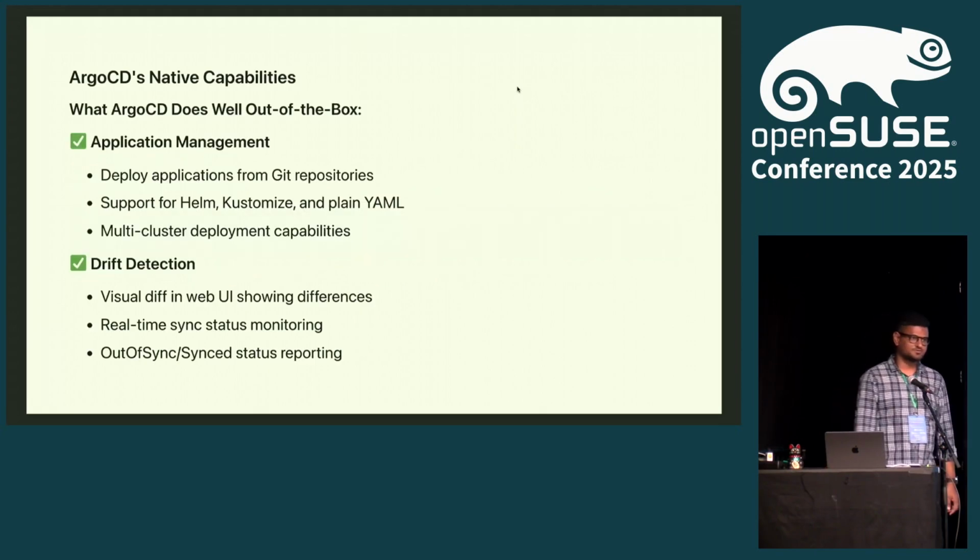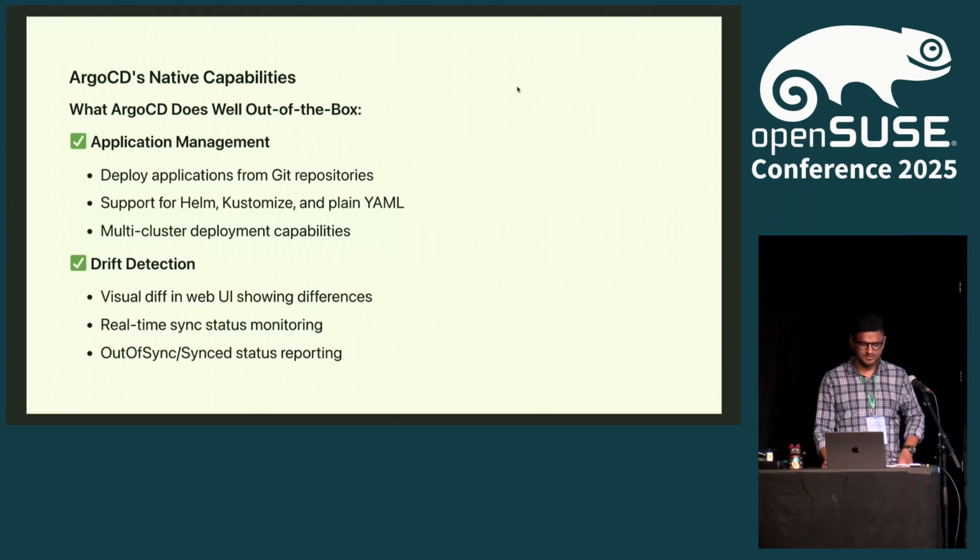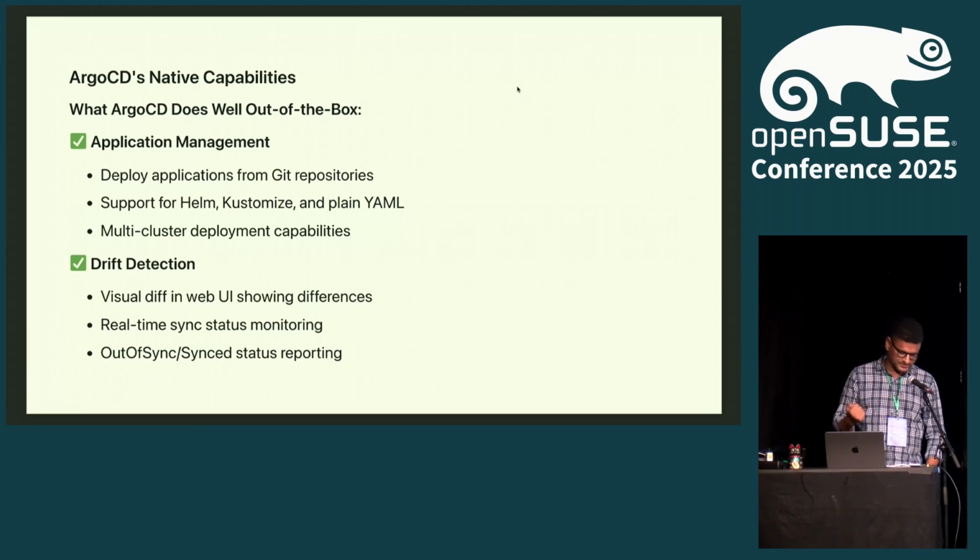So what are the native capabilities of ArgoCD? It offers application management out of the box. It deploys applications from Git repositories, even for multi-cluster environments. It has native support for Helm, Kustomize, and even plain YAML manifests. Then drift detection.